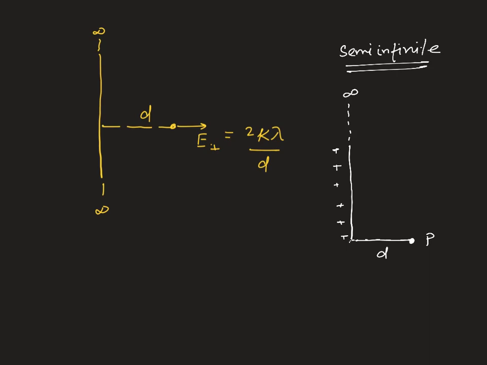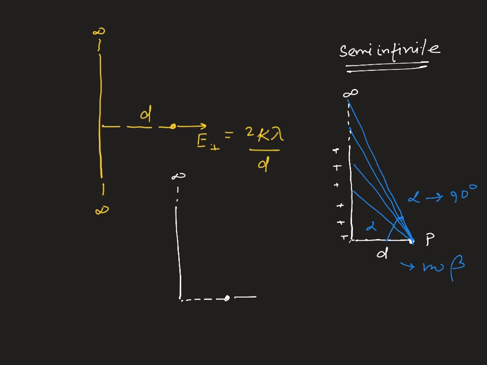So we will have an angle alpha, and as you can see, the angle alpha is increasing and increasing, and alpha is tending to 90 degrees. But there is no angle beta here. So if there is no beta here, what will be the field due to a semi-infinite wire?